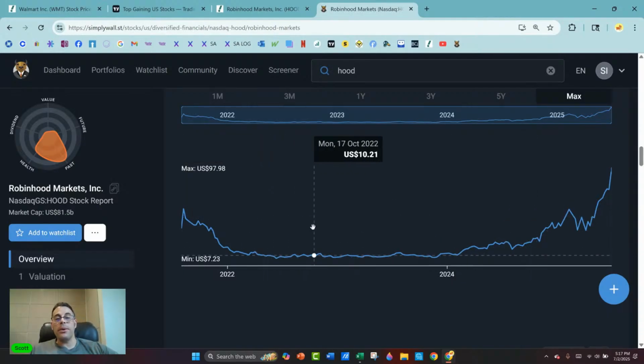It would have worked out if you waited to buy it, because it traded, 723 was a low, but it traded between $8 and $12 for literally 2 years. So anytime you could have bought it down here, you had a lot of opportunity.